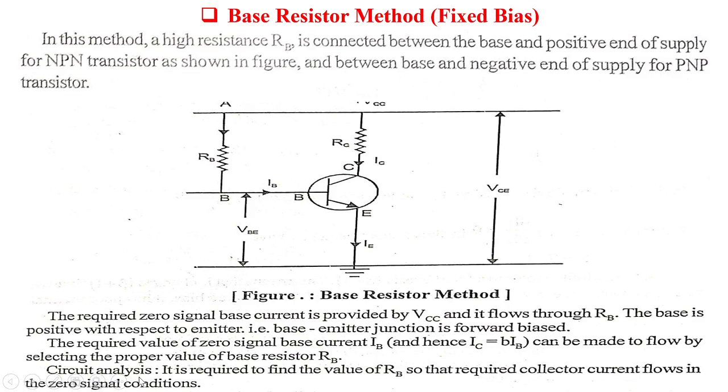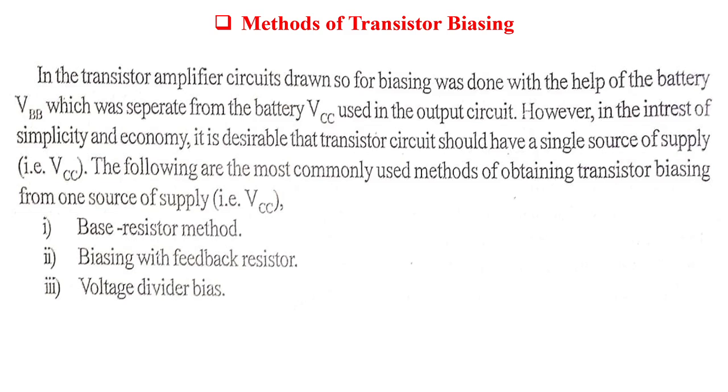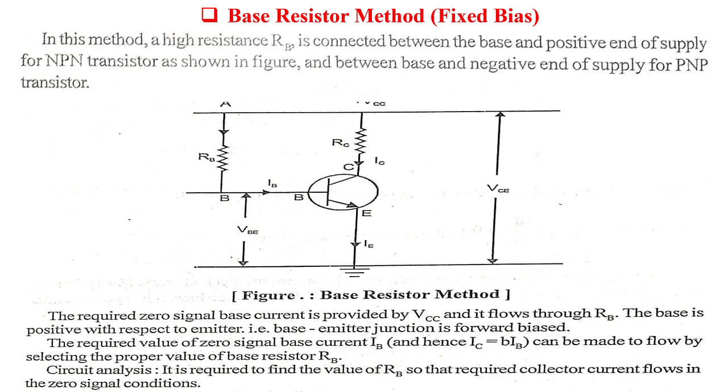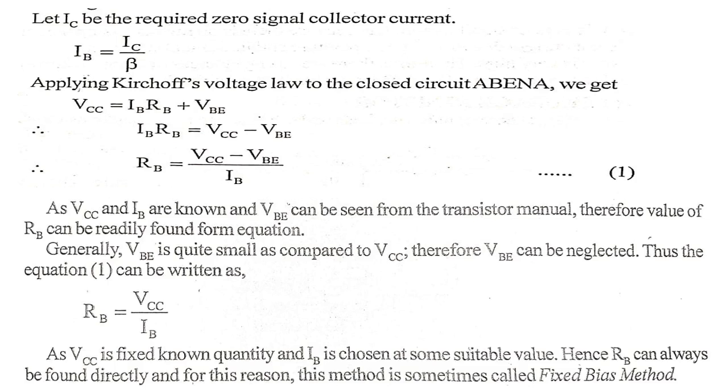Now the circuit analysis. It is required to find the value of RB so that the required collector current flows in the zero signal condition. Let IC be the required zero signal collector current. So IB equal to IC upon beta.